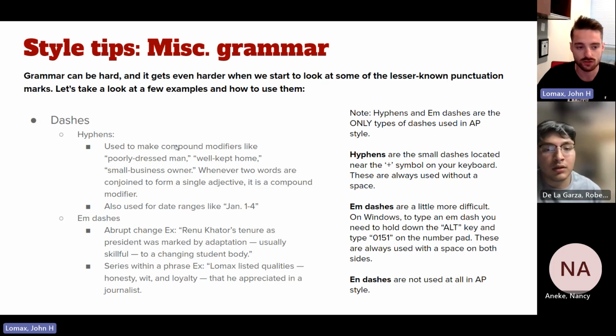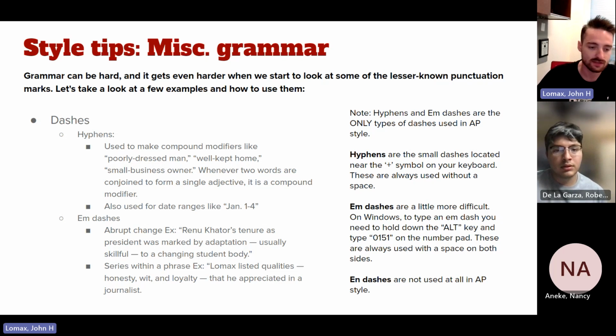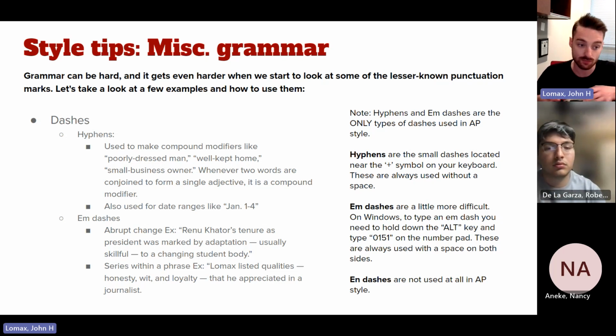A compound modifier is whenever you have two words that are forming a single adjective, like poorly dressed or well kept or small business. If they're used in that adjective kind of way, then they will be a compound modifier. Obviously, you can have a small business and that wouldn't be hyphenated, but a small-business owner would be hyphenated because they are an owner of a small business.